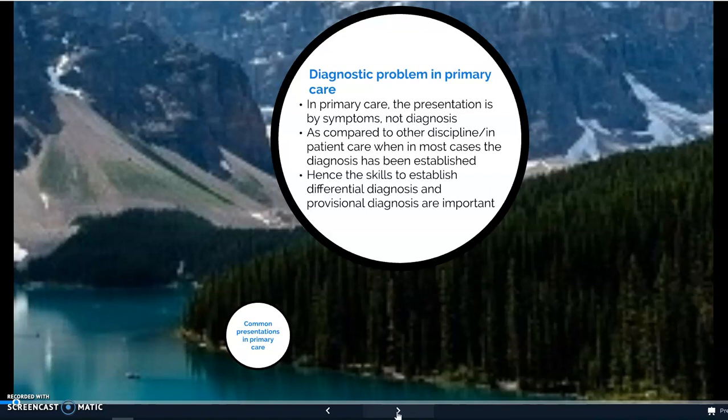So in primary care settings, when they come with symptoms, these symptoms can be shared with many specialties, many systems, many organs. So it is actually quite challenging to make a diagnosis in a primary care setting, where especially the facilities to help you to make a diagnosis are limited.